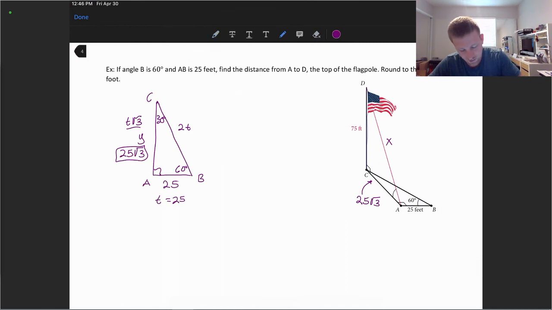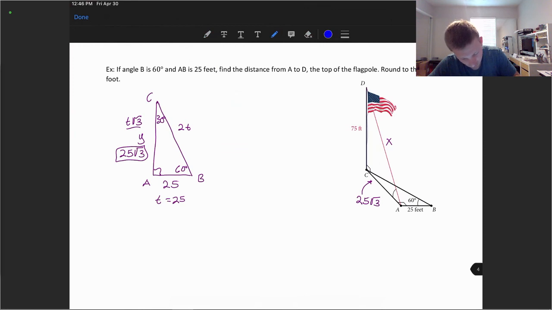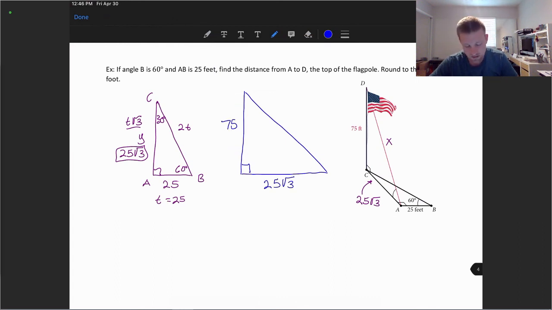We'll do this in a different color, just to distinguish. The vertical triangle that we have set up is still a right triangle, and therefore, if I know the two legs of that triangle, I can use the Pythagorean theorem to solve for the hypotenuse.